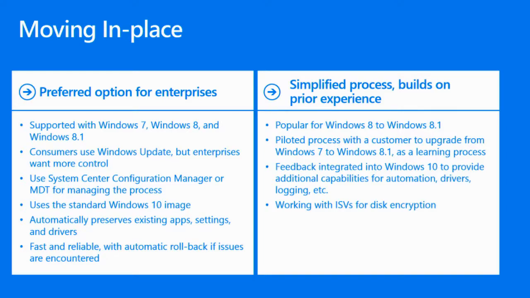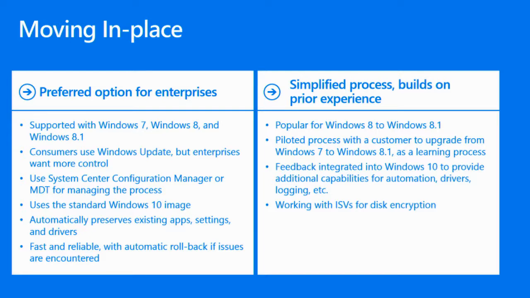So let's look a little bit more at in-place upgrade then. It is what we're recommending for enterprises to at least consider. Now, you're going to be skeptical, we understand that, so you need to try it out on some machines to make sure that you have a certain level of comfort with it. You need to make sure that the end result is a system that works reliably, that it's clean enough, that it performs well.